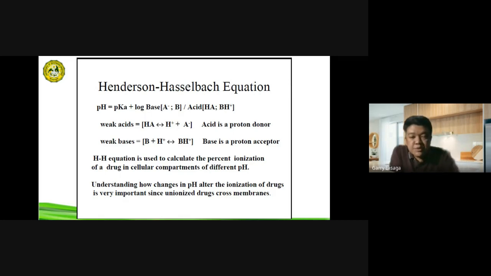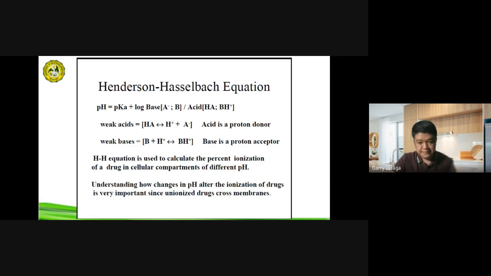So when we are going to apply this concept in the absorption of drugs, we can refer to cellular compartments as those compartments such as the stomach, the intestine, the brain that contains a fluid, the cerebrospinal fluid, the placenta, the ECF, the blood, and others.